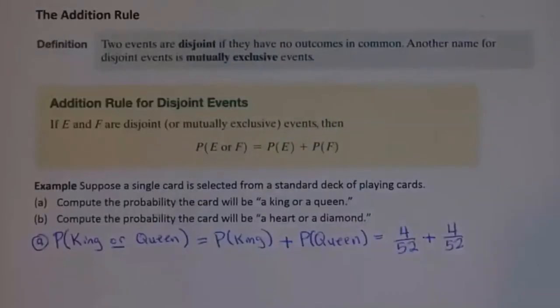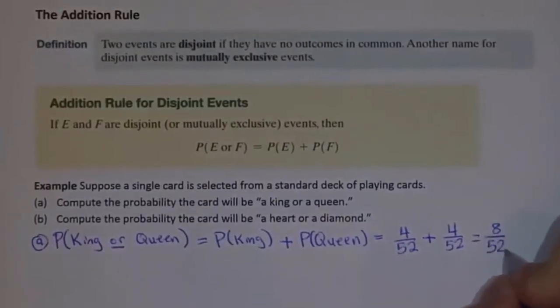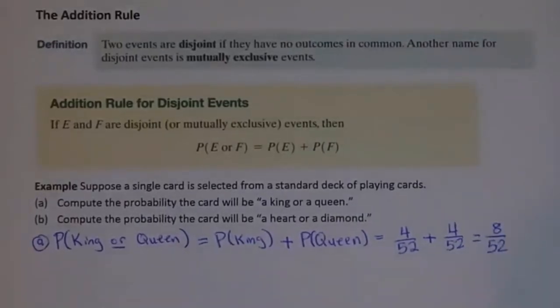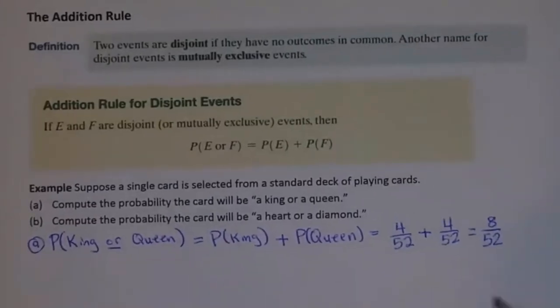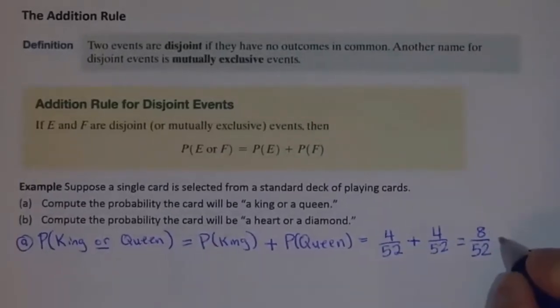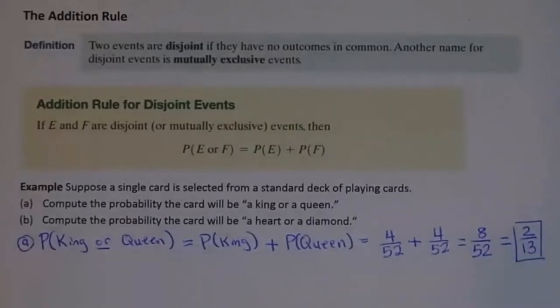Adding those together, 4 plus 4 is 8, so we get a probability of 8 out of 52. Typically when we're dealing with fractions, we simplify. 8 and 52 can both be divided by 4. 8 divided by 4 is 2, and 52 divided by 4 is 13. So we have a 2/13 probability.